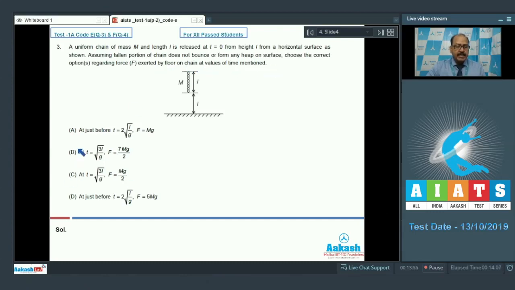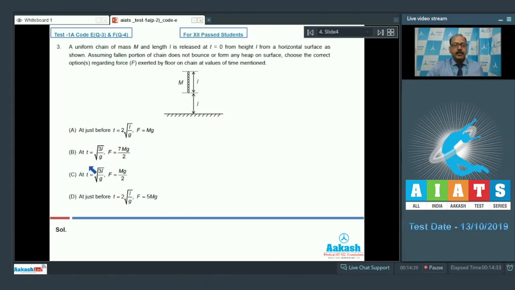And option A says at just before t equal to 2 root L by G, F is mg. B says at t equal to root 3 L by G, F equals 7 mg by 2. Option C says at t equal to root 3 L by G, F equals mg by 2. And option D says at just before t equal to 2 root L by G, F equals 5 mg.